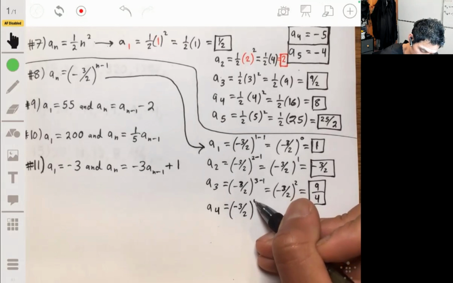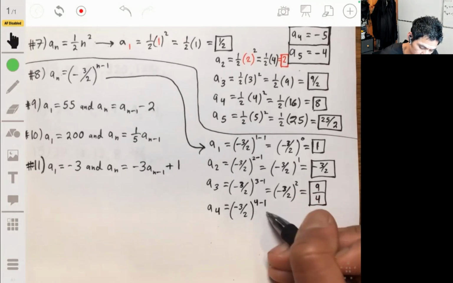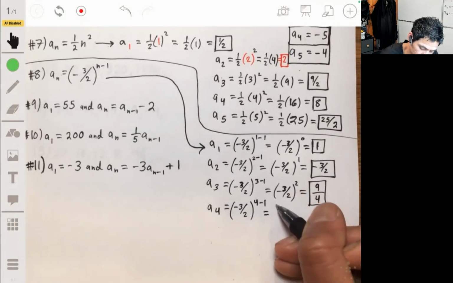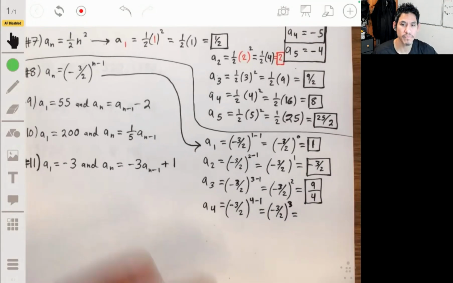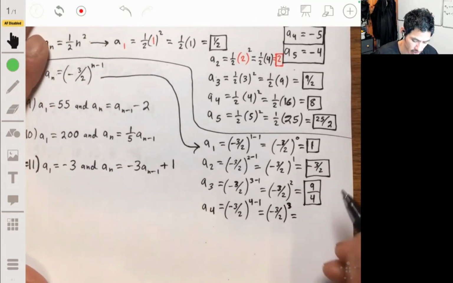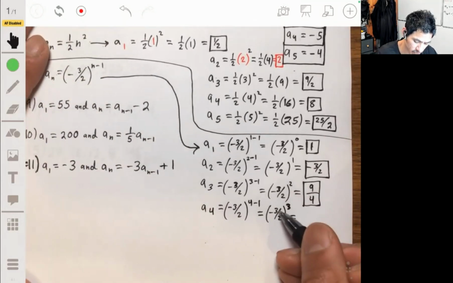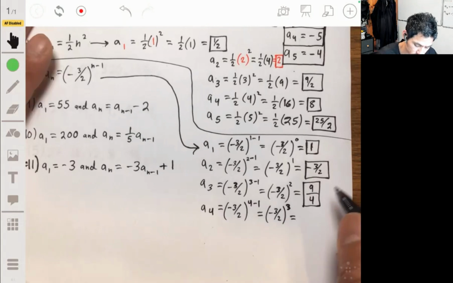A4, -3/2 to the 4 minus 1, so -3/2 to the 3. So -3 times -3 times -3 over 2 times 2 times 2.